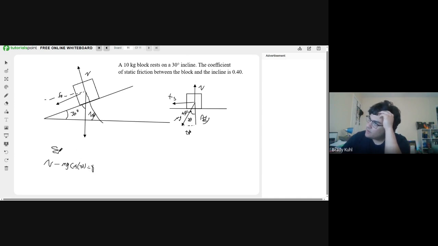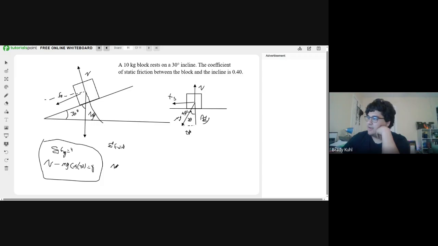Sum of F y equals 0, and sum of F x equals 0. We don't know that yet, so we have to stick with the y equation first.